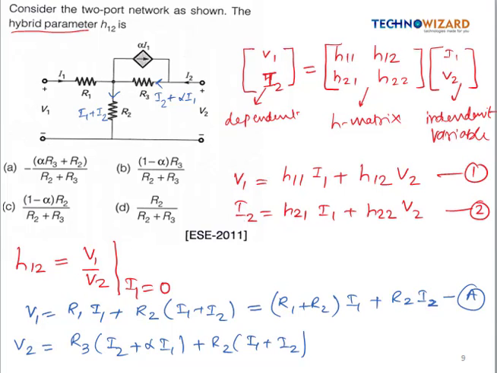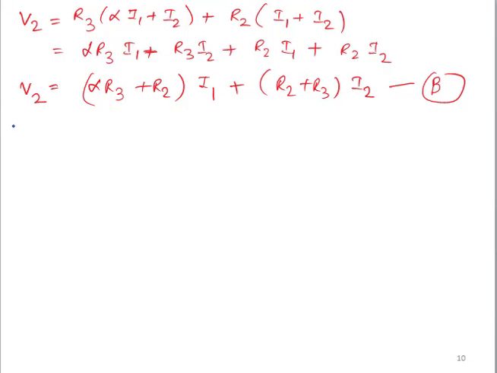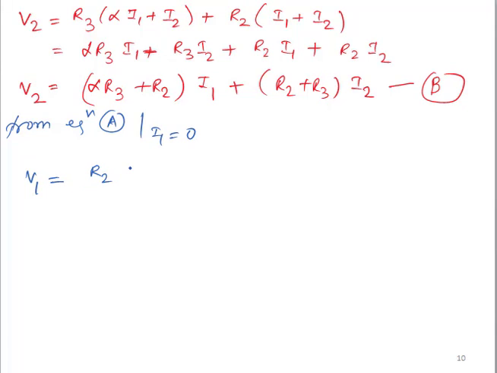Similarly, substituting I1 as 0, the value of V2 is equal to R2 plus R3 into I2.